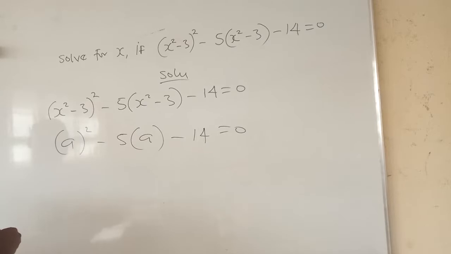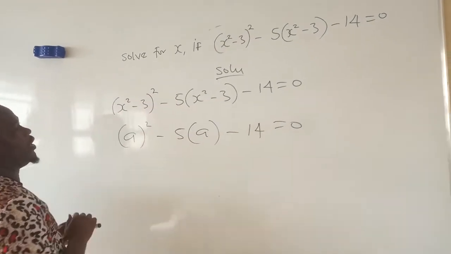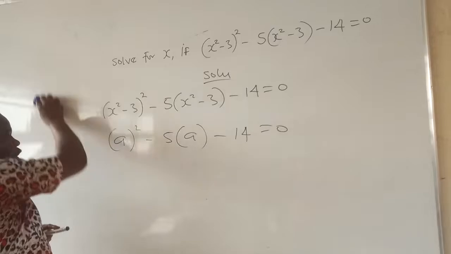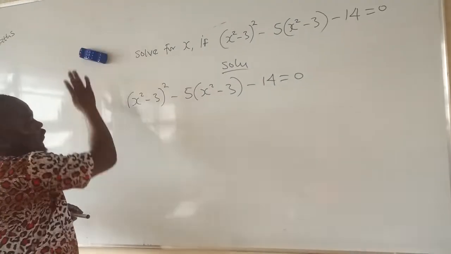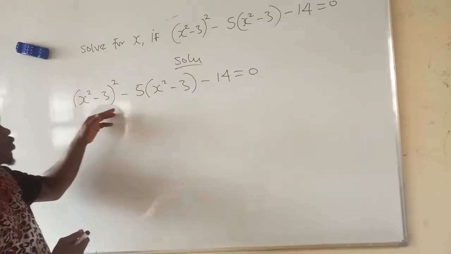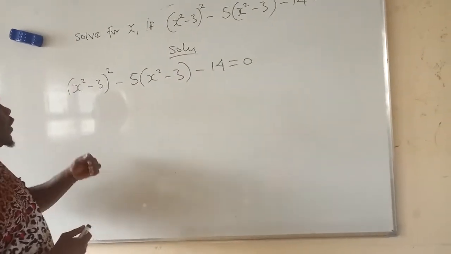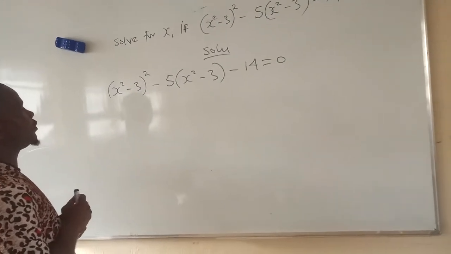You discover that this first bracket carries what? Power. That is just the difference. Otherwise, they are all the same thing. Is that clear? So if you agree with me, how are you going to reduce this equation into a quadratic equation? That is what we want to look at.